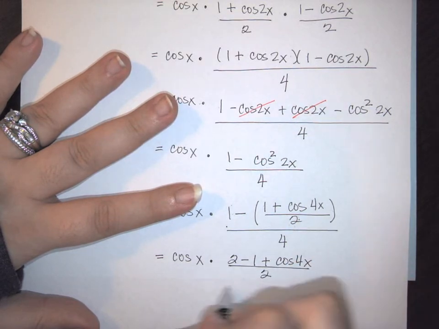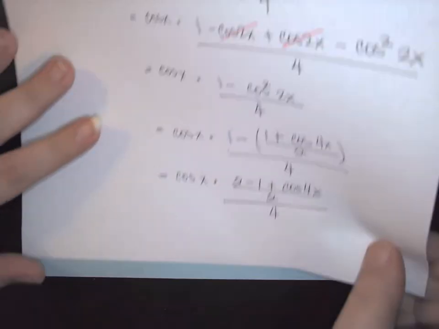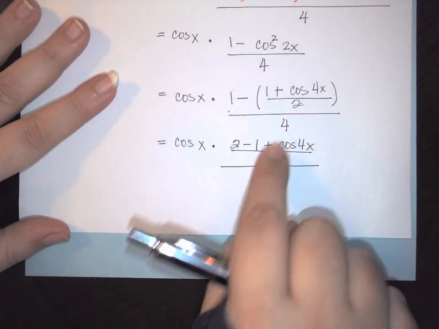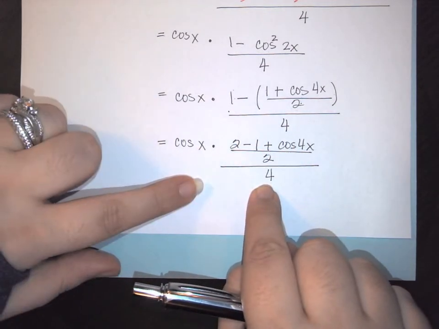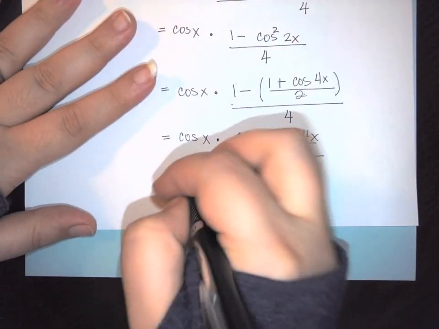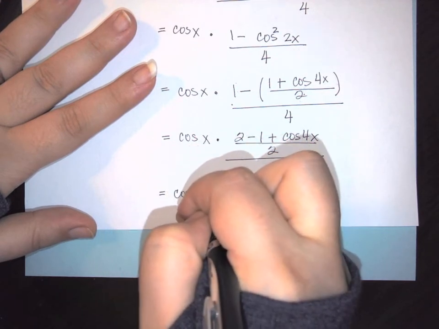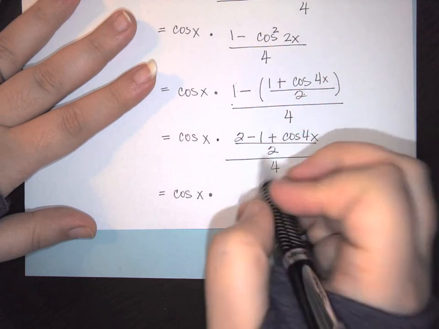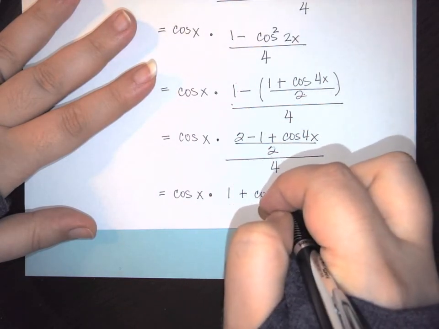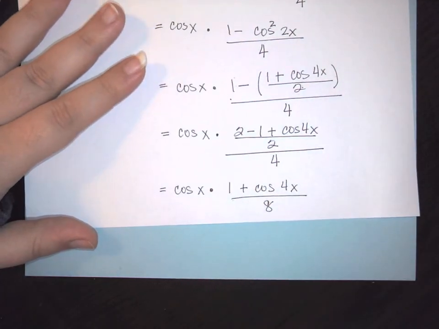This is over 2. This whole thing is over 4. Well, your fraction rules say that you're going to keep the fraction on the top and use the reciprocal of the bottom. So this will become 1 over 4. So what we have here is the cosine of x times 2 minus 1 is 1 plus the cosine of 4x, and this part is over 8.